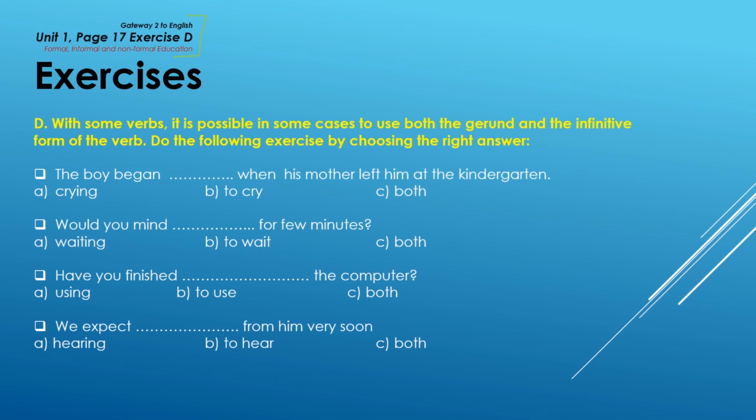So the exercise D, page 17. Take your time and try to come up with the answers for this question. At the end of this video, you will have the exact answers.